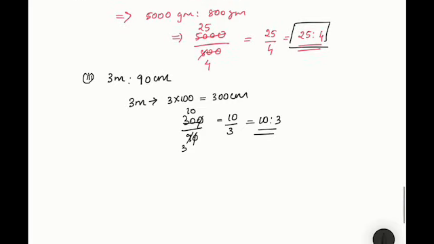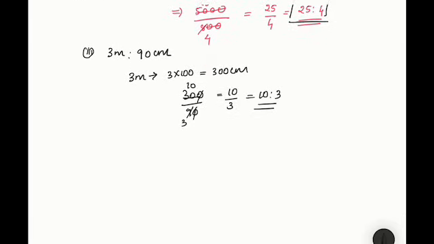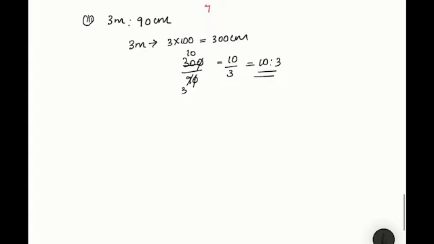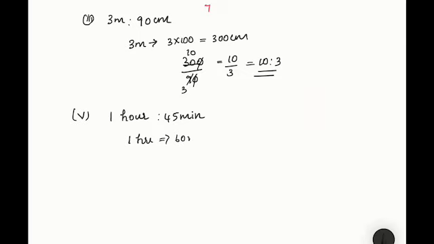Okay. I will be doing one more question from this section. Then we will continue the rest of them in the next class. Okay. Let me do the fifth sub question. This is something a little different. 1 hour is equal to 45 minutes. So hour to minutes conversion, 1 hour equals 60 minutes.